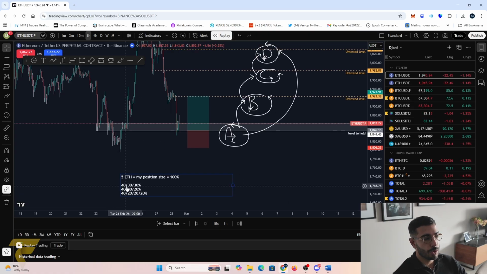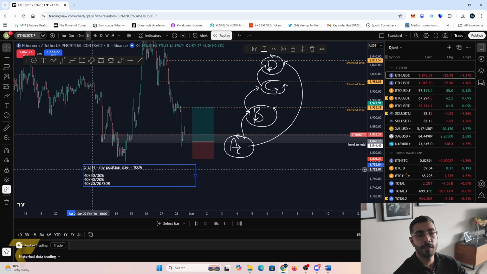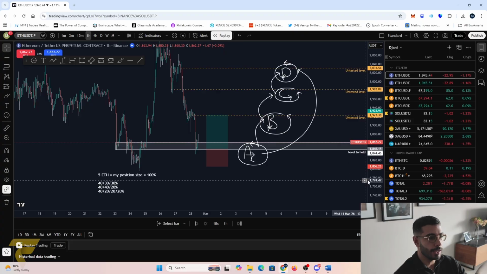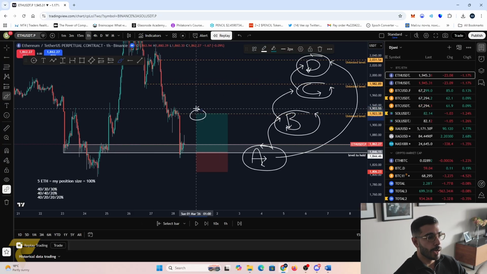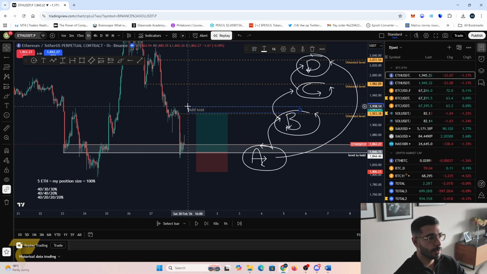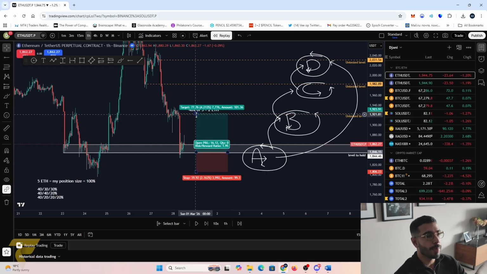Let's just focus on the first example. Hypothetically speaking, again, keep in mind 5 Ethereum, that's the main number you need to take into account. If eventually price hits this point, I'm going to realize 40% of 5 ETH. 40% of 5 ETH is 2 ETH. This is what I have realized. So I've got 60% left, which is equivalent to 3 Ethereum.